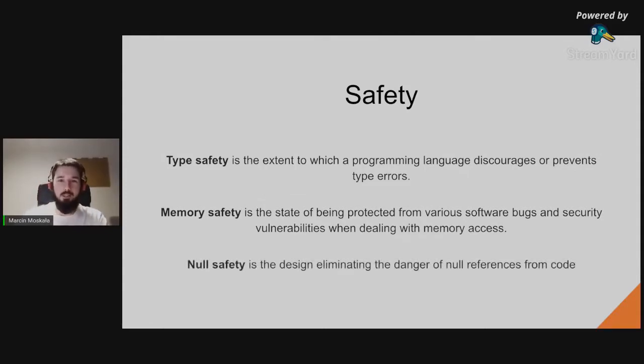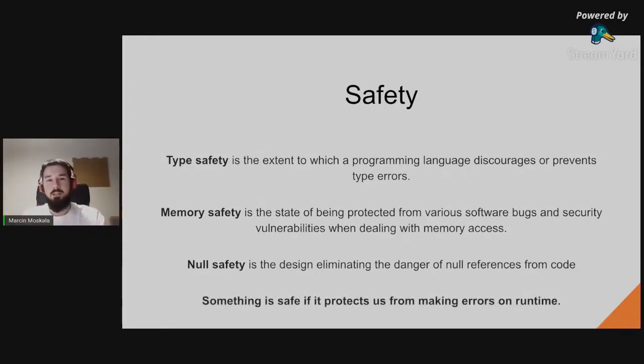Or even null safety that was introduced to a wider scale in Kotlin with a set of mechanisms that prevent nullability mistakes. So concerning all that, you might have some picture that safety is something that saves you or protects you from basically yourself or your coworkers.